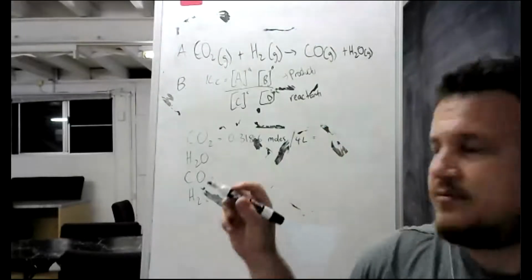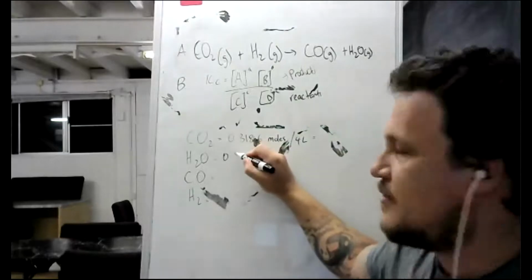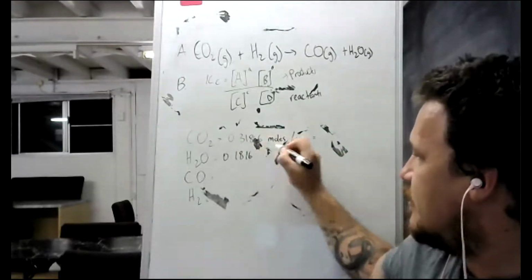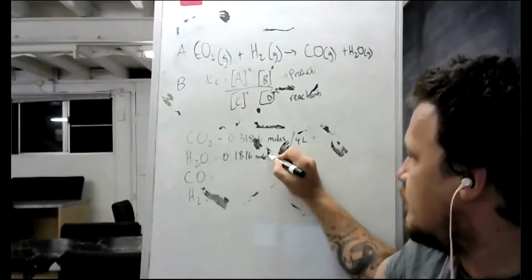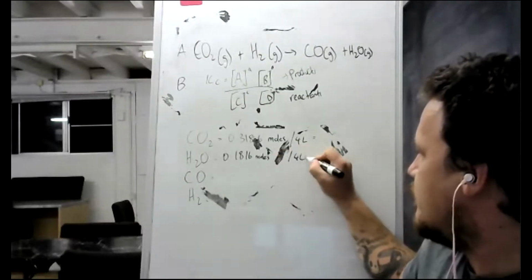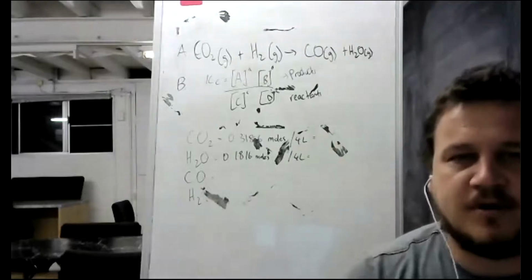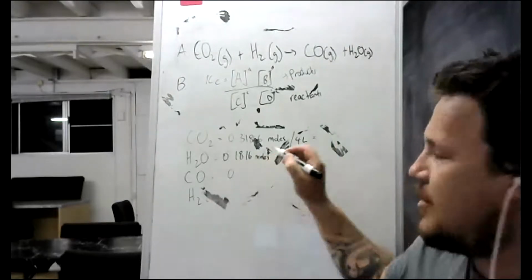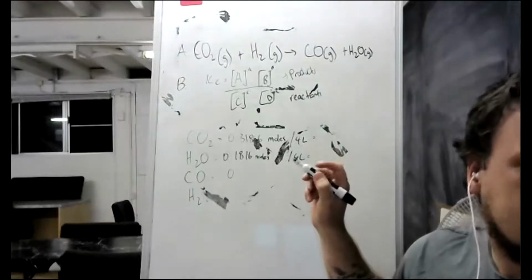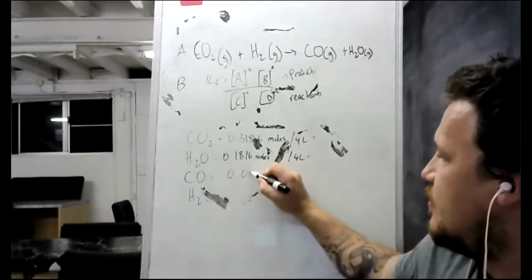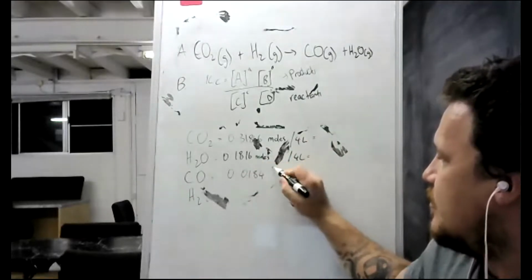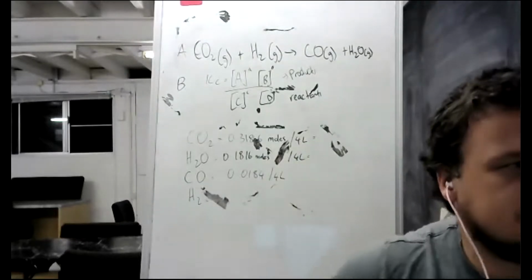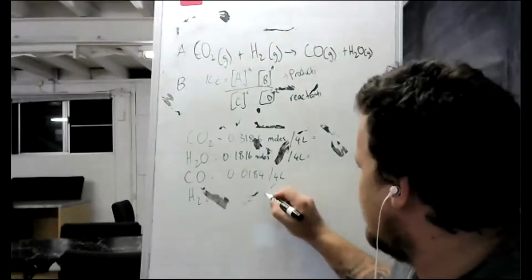H2O gives us 0.1816 divided by 4 liters. CO is 0.0184 divided by 4 liters. H2 is 0.1816.